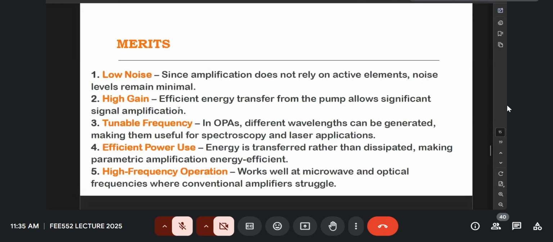So we come to the merits of the parametric amplifier. I told you the main advantage of the parametric amplifier is the low noise advantage that it has. Since amplification does not rely on active elements, noise levels remain minimal.